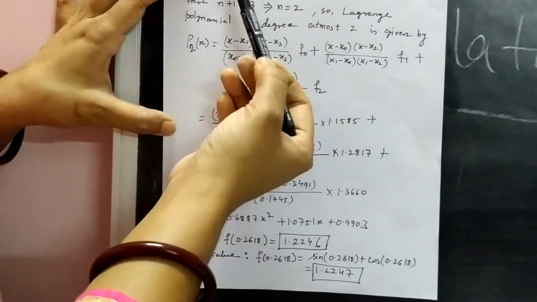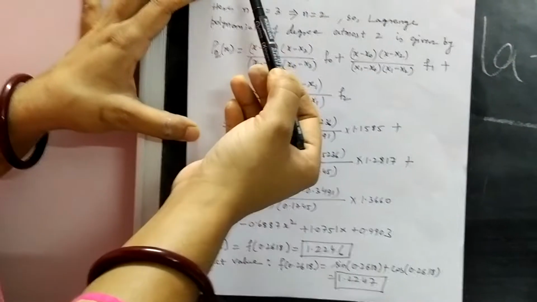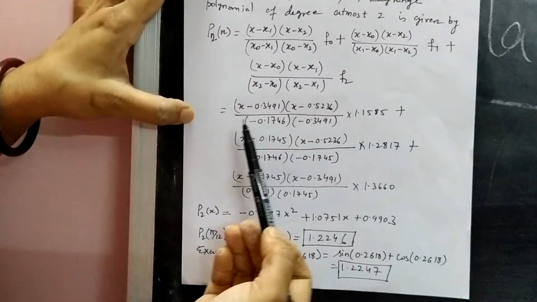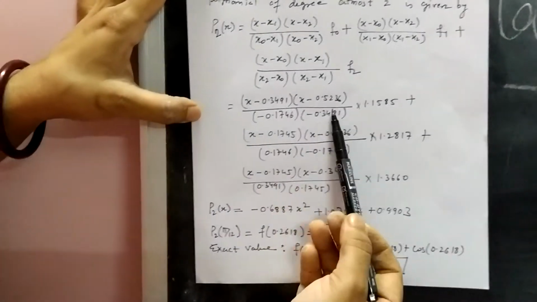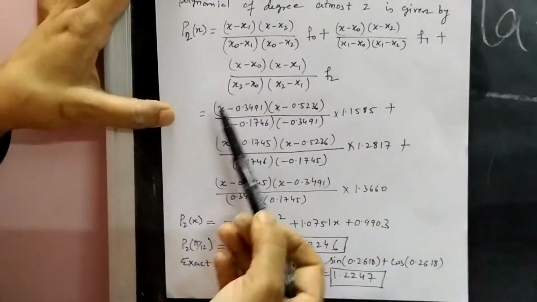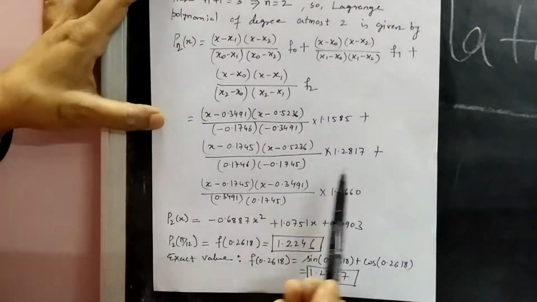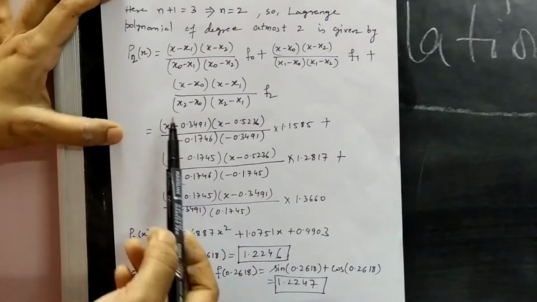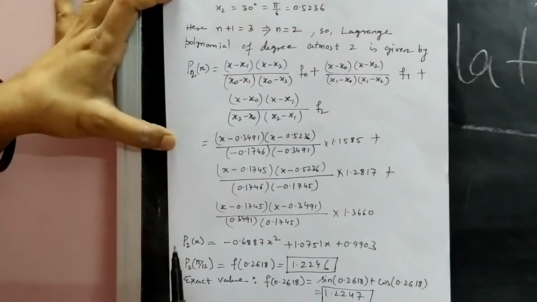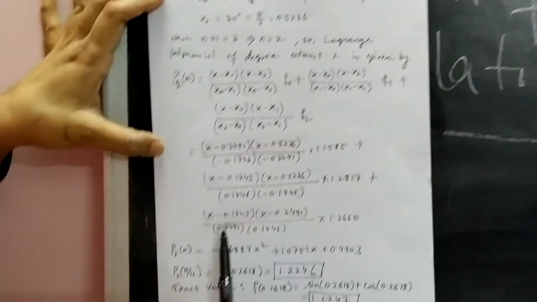Substituting the values, all the values x0, x1, x2, f0, f1, f2 are given. After substituting we get the result something like this, and we can simplify this using a calculator, because it is not advisable to do manual calculations here as it will consume much of the time.